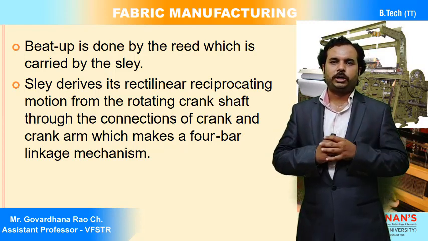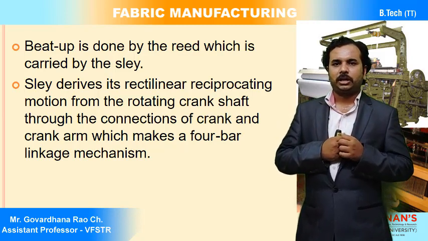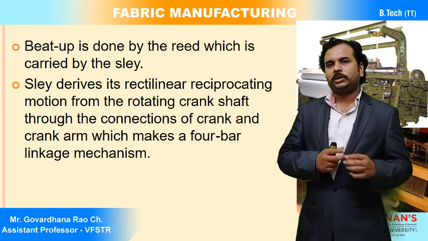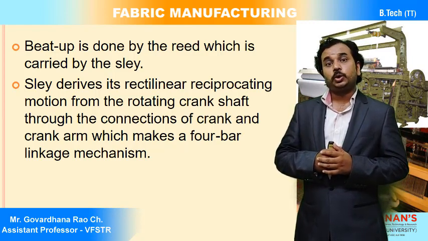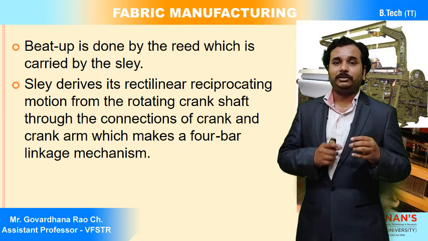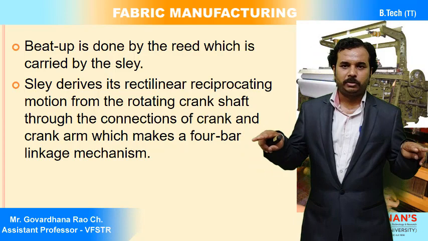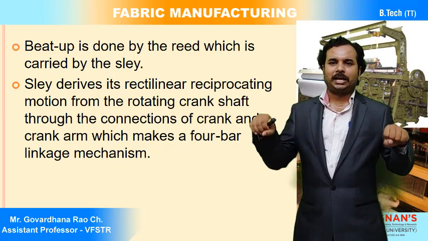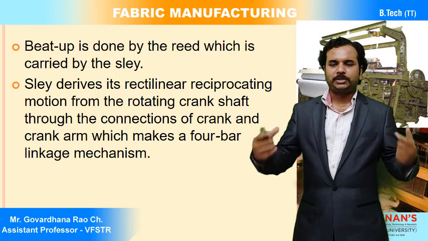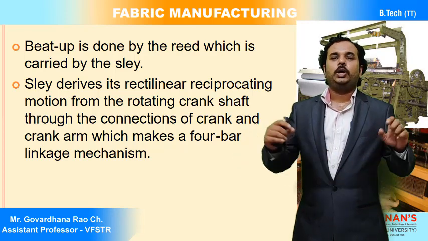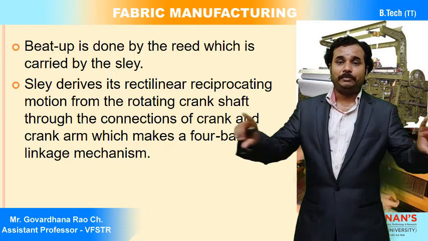There is a motor which is connected to the bottom shaft and the crankshaft. The crankshaft has two cranks at the two sides of the machine. These cranks have connecting arms, and these two arms are connected to the slay sword. On the top of the slay sword there is a reed.